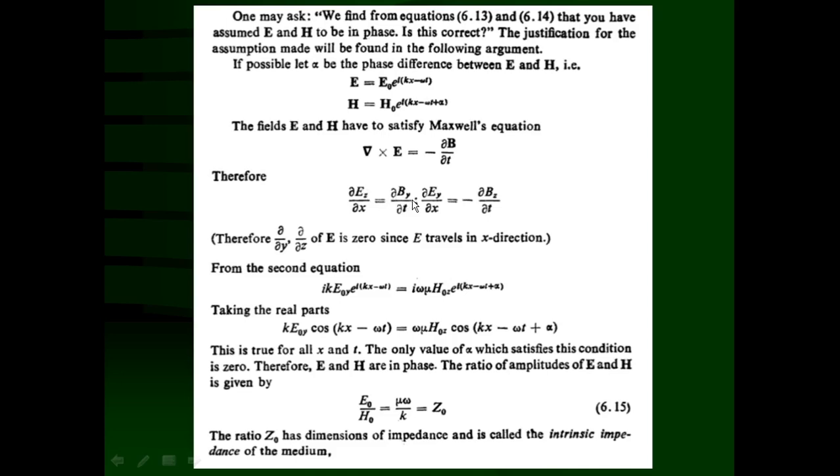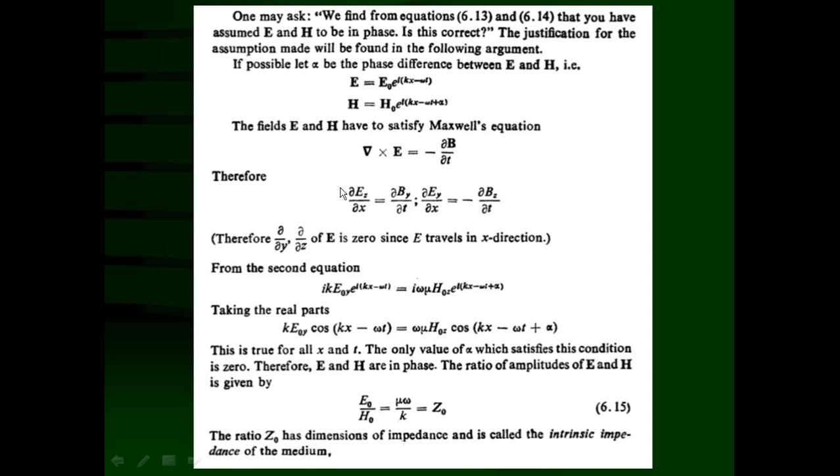Del y is going to be 0, del z is going to be 0, and on the right hand side, the magnetic field also does not have an x component. So this is nothing but minus j del By upon del t minus k caret del Bz upon del t.